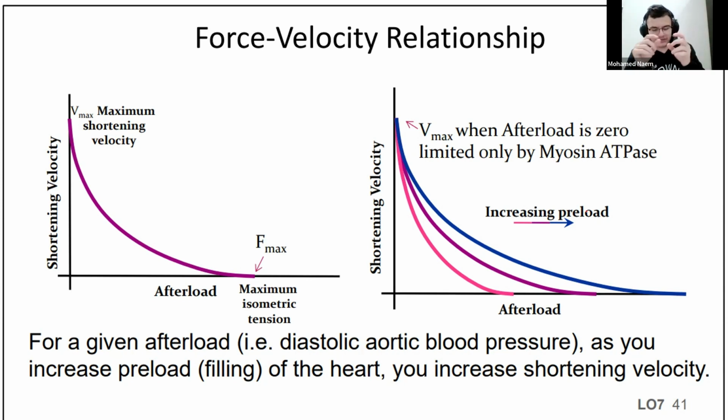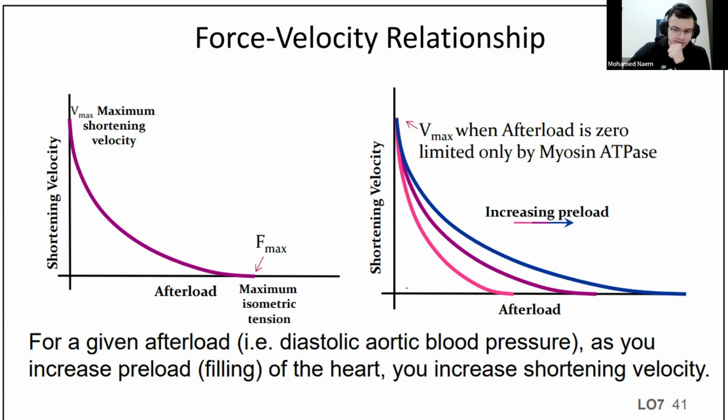Obviously the differences are very small, but you still need to know this relationship because you can get asked in the exam. Probably the question is going to be like this: they give you this diagram and tell you that the purple one is the shortening velocity at the normal preload, and then we increase the preload.